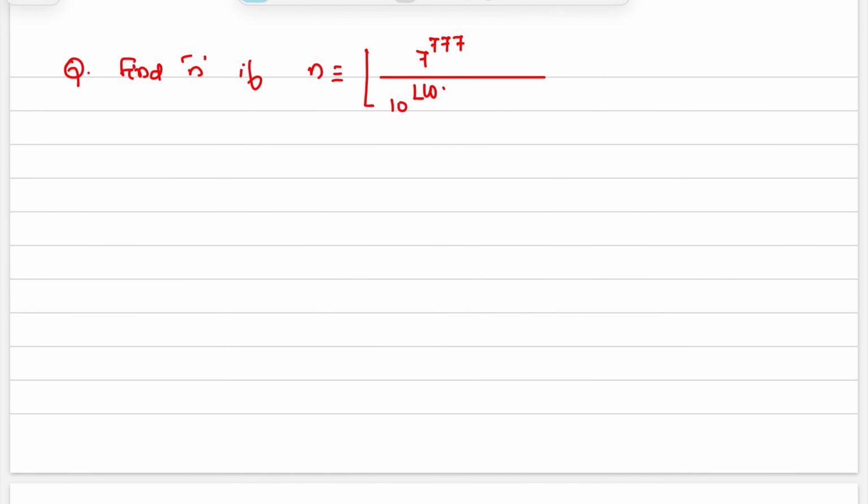Find n. The question is: n is equivalent to the floor of 7 to the power of 777 whole divided by 10 to the power of floor of logarithm to the base 10 of 7 to the power of 777, floor closed, minus 1, and whole floor closed, mod 100.